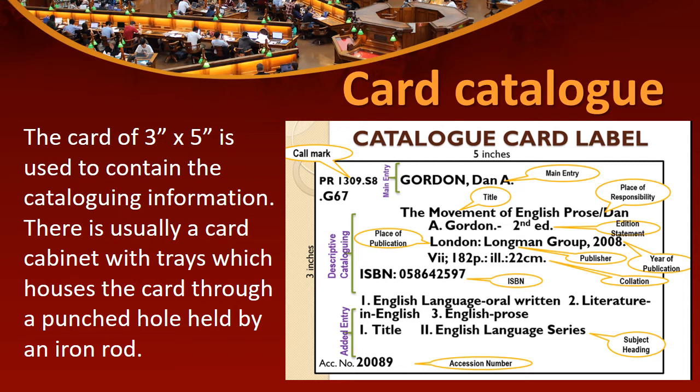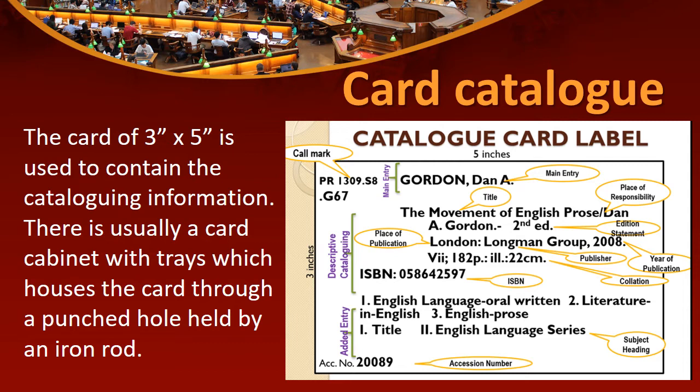See the labeling. The call mark is written at the spine of the book. This is the number you are going to get and then use to locate the book on the shelf. You can see the main entry covers the author's name here. It can also be a title entry or subject entry.